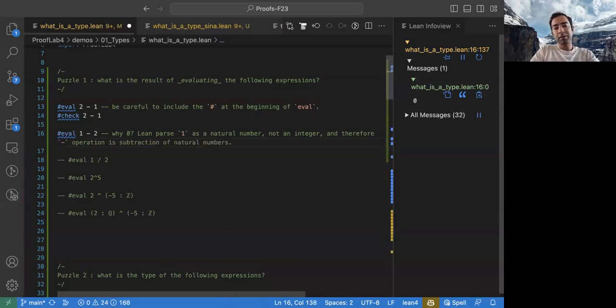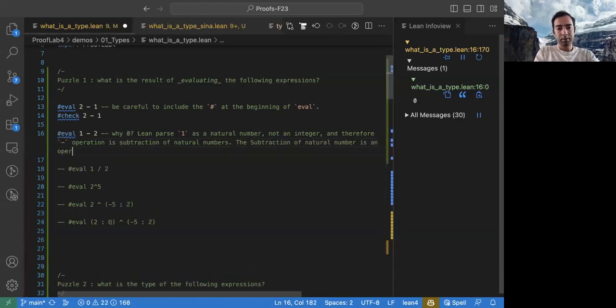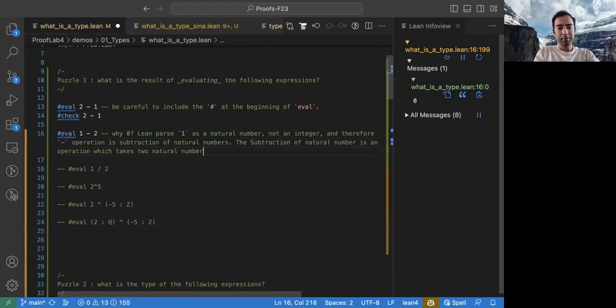Now, the way that subtraction of natural numbers is defined, it's a function which takes two natural numbers and outputs again a natural number.